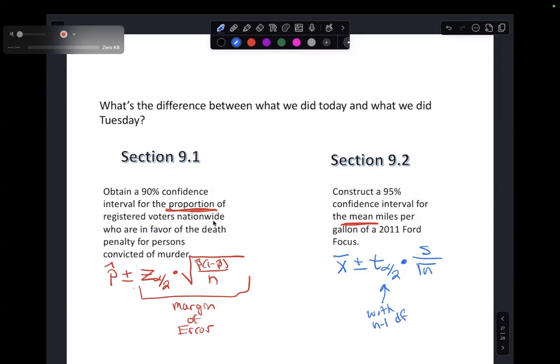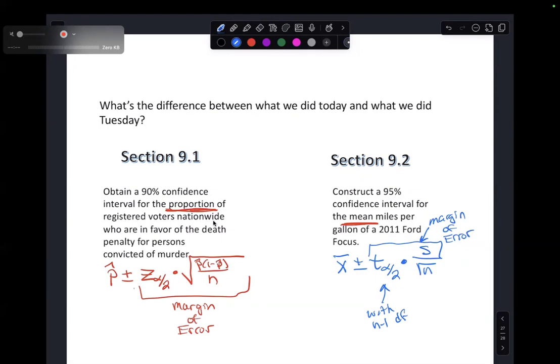Okay, so there's the math for that. And this is my margin of error. And it's on that printed paper that I showed you guys.